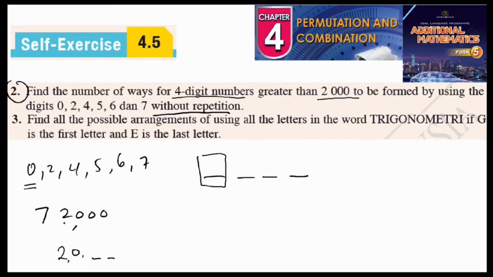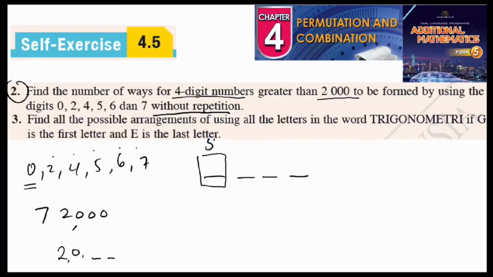We can use digit 2 or 4 or 5 or 6 or 7. So we have 5 ways, or we can say 5P1. Out of 5 objects, we want to choose 1 to fill up the space. So 5P1 is actually 5.